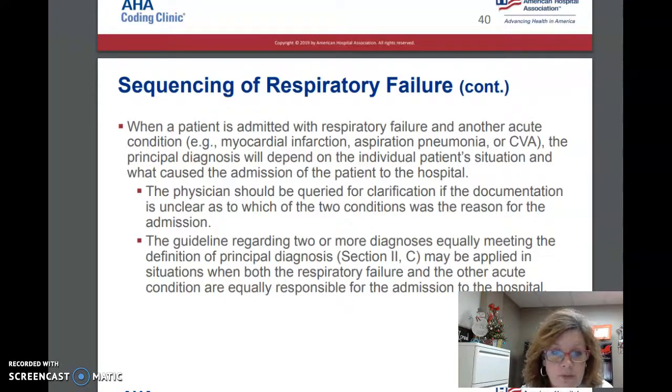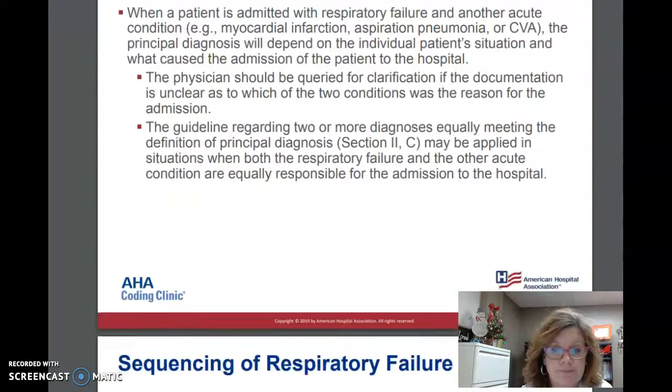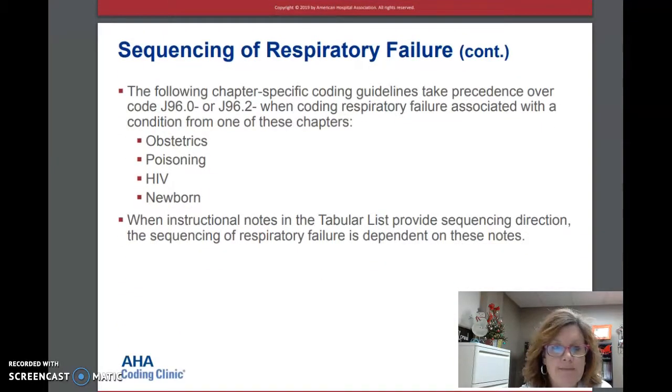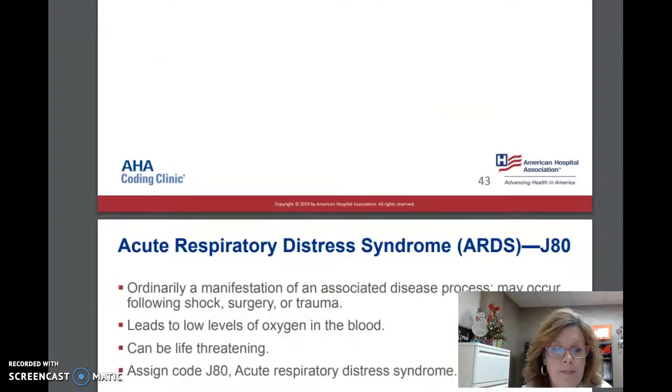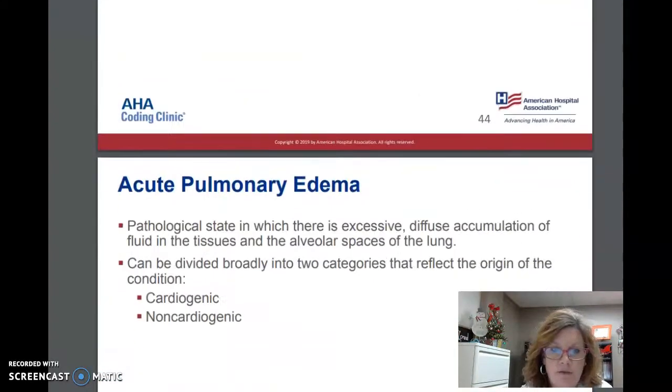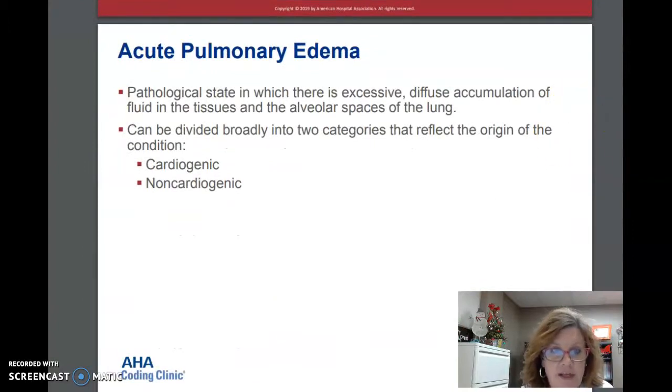So the physician should be queried for clarification if the documentation is unclear which condition was really the reason they were admitted. Once again, make sure you go through the guidelines of respiratory failure so you know when to sequence everything together.